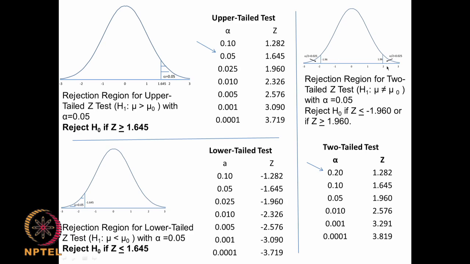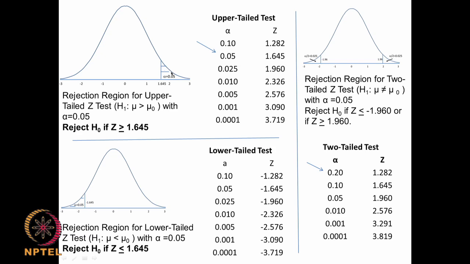So, this area and this area are equal, 2.5% and 2.5%. Whereas, if you are taking a single tail test, whether it is upper tail or lower tail, you are considering only one side of the area. For upper tail you are considering this side of the area, for lower tail you are considering only this side of the area. Remember that.